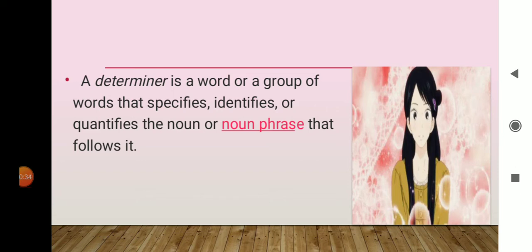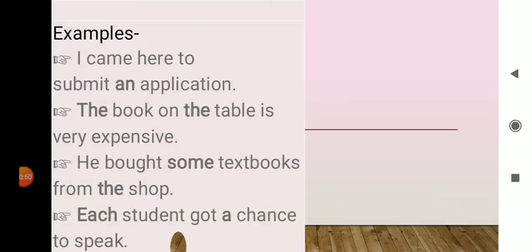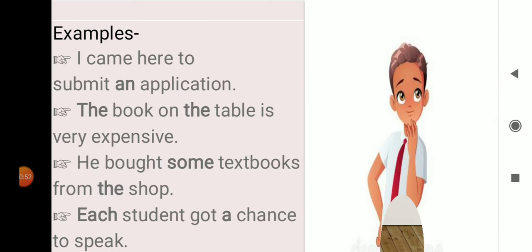That means determiners are words that are used before a noun to determine or indicate whether something specific or particular is being referred to. Now, children will see some examples here.